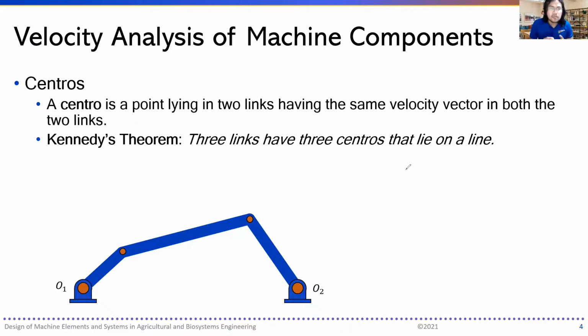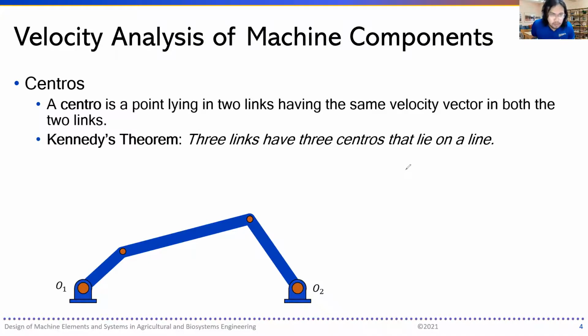The centro is based on Kennedy's theorem, and it's stated as: you have 3 links having 3 centros that lie on a line. Now it's a theorem because the statement fails at some point, and it's for bodies or linkages that have no relative motion.